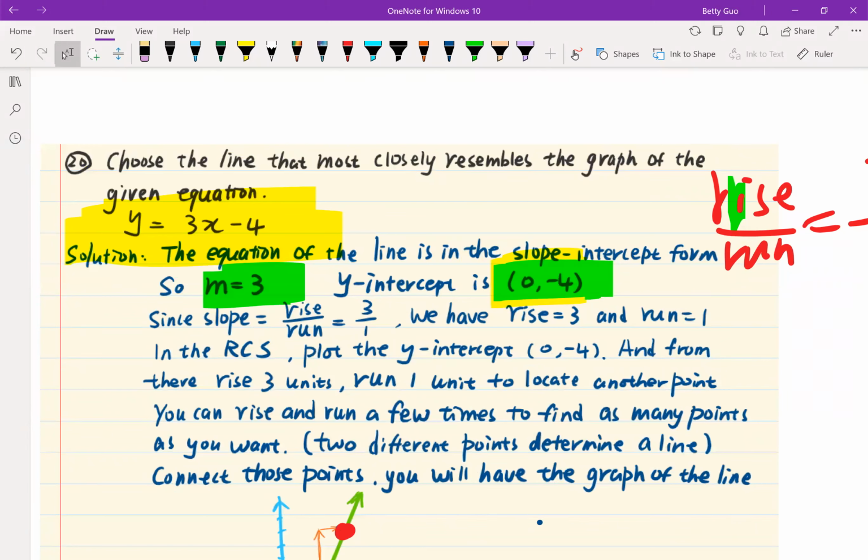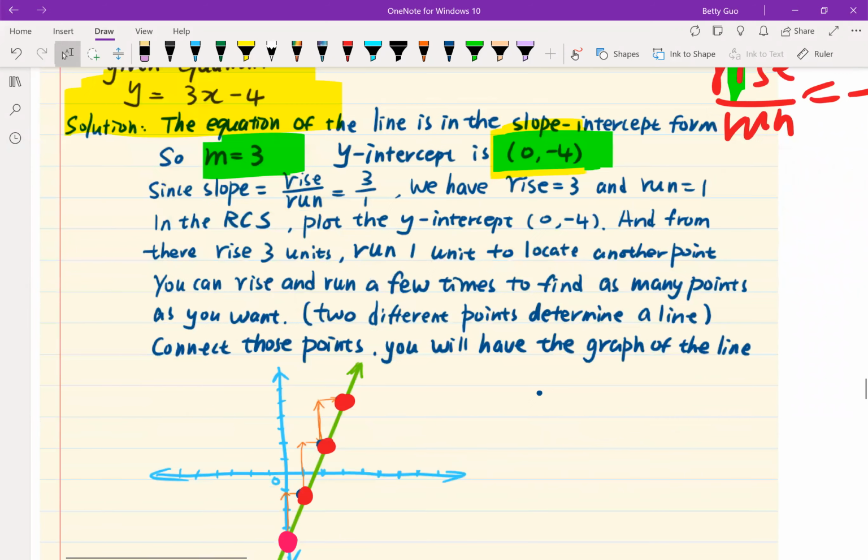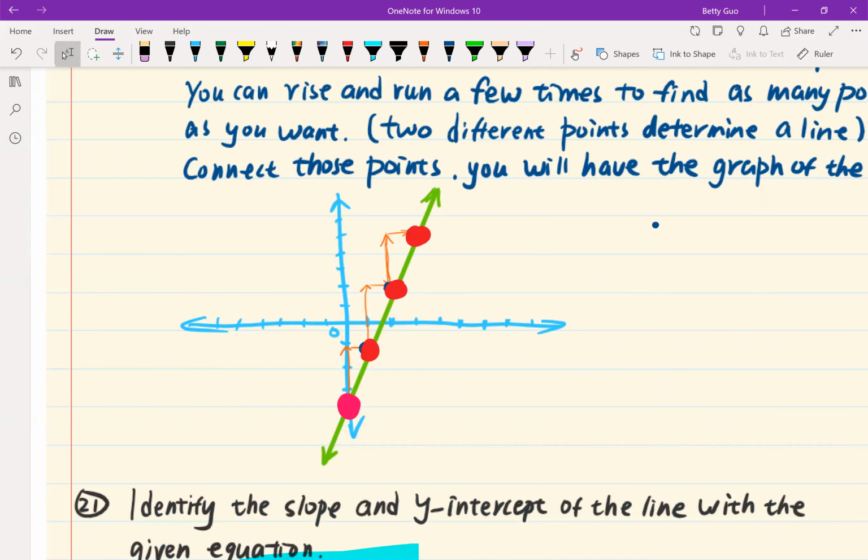Angela, do you have any questions? Firstly, you are not choosing a line going down. You have to choose the line going up. Secondly, the line you choose has to pass through 0, -4 because that's the y-intercept.